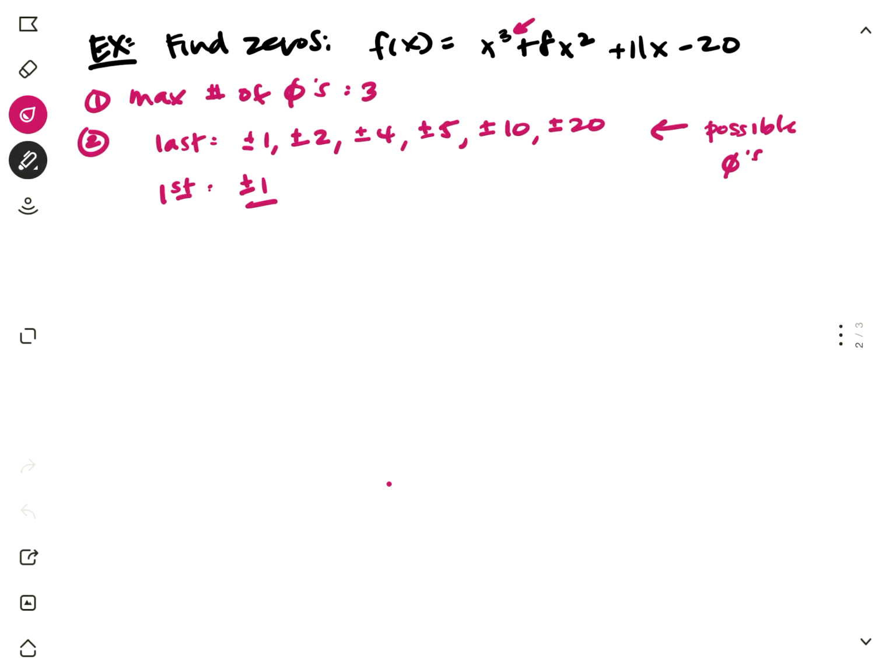Okay, so we're going to use the Factor Theorem. So step 3, we graphed it. But let's use the Factor Theorem. So what we do is we'd say, okay, f of 1. And then we do our thing.